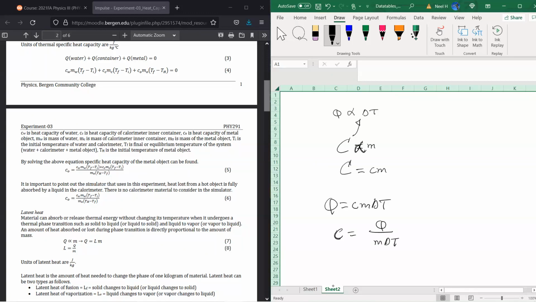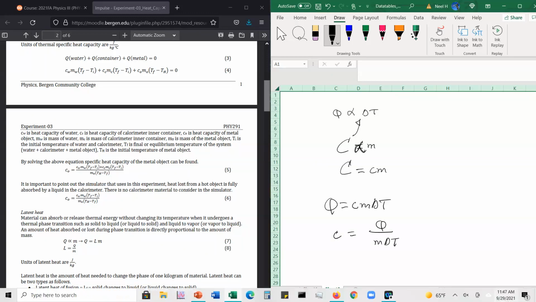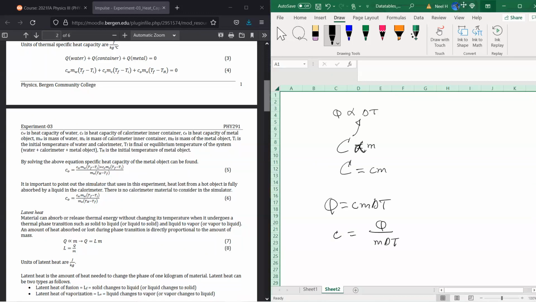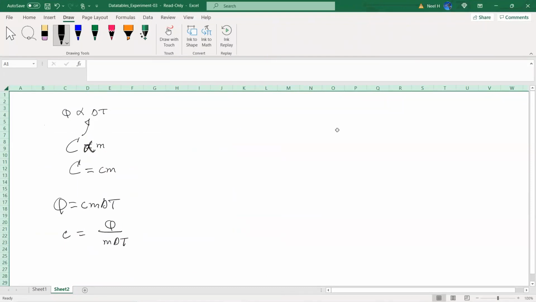So I should be able to calculate this by using the concept of the zeroth law of thermodynamics. That's the plan. That zeroth law of thermodynamics is the one we're going to use for the calorimetry method. The idea of the calorimetry method is very simple: we can heat an object, and then dump that object into another cold object, and then observe how the temperature changes in the system.